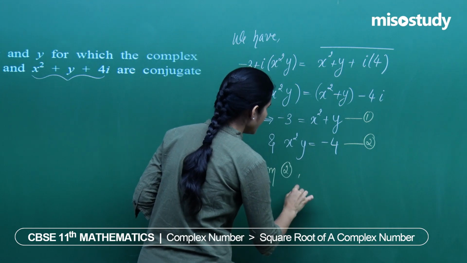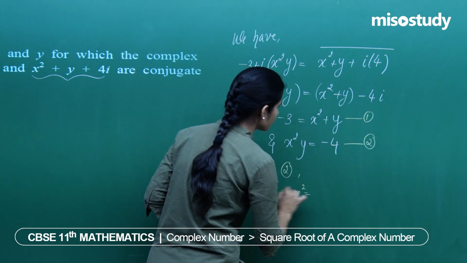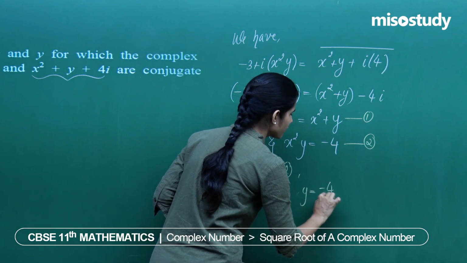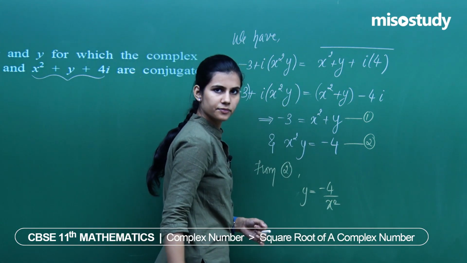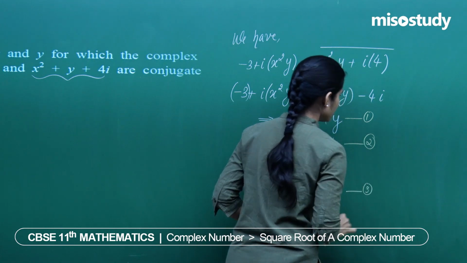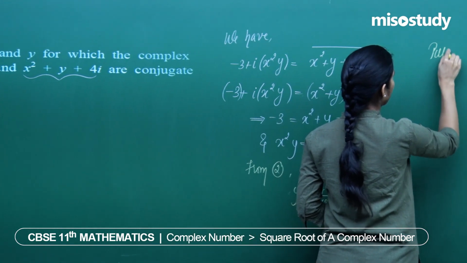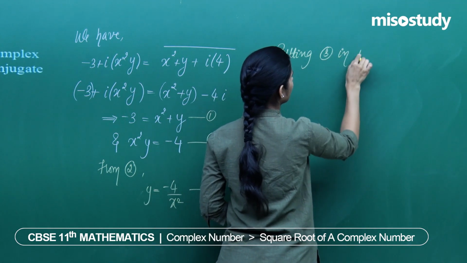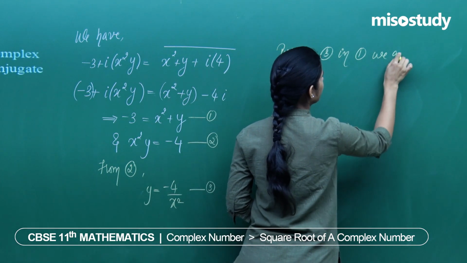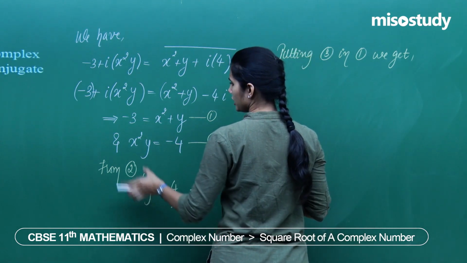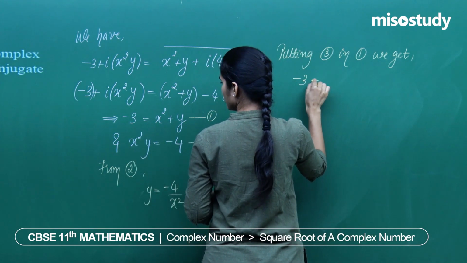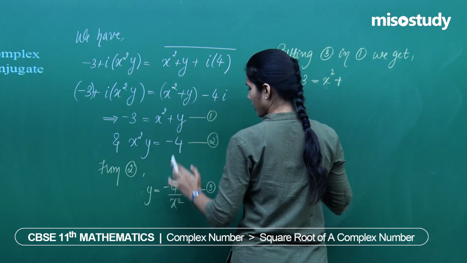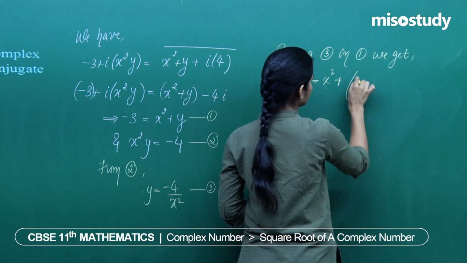From 2, we have that y is equal to minus 4 by x square. Putting 3 in 1, if you put this 3 in 1, you get minus 3 equals x square plus y, which is minus 4 by x square.